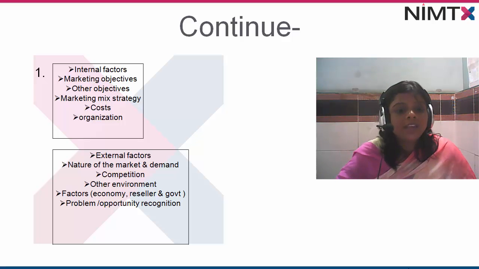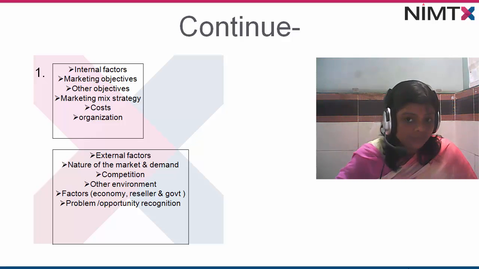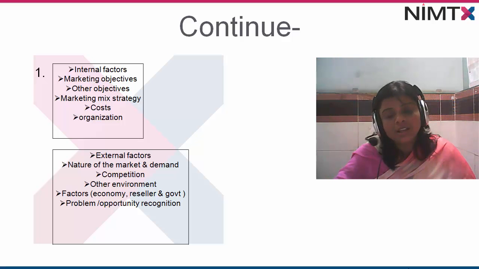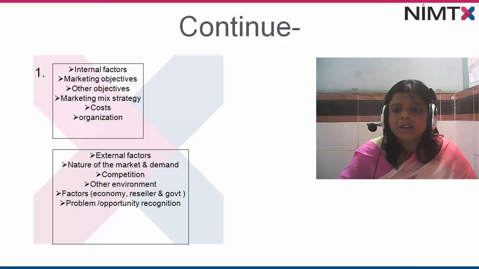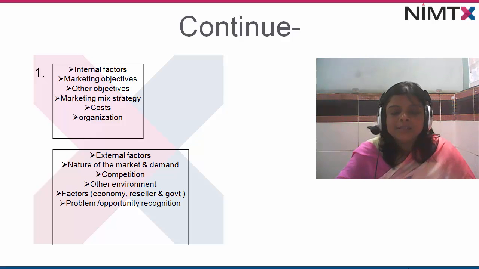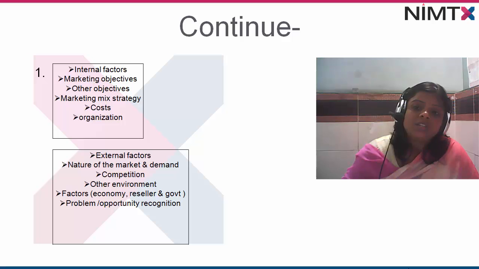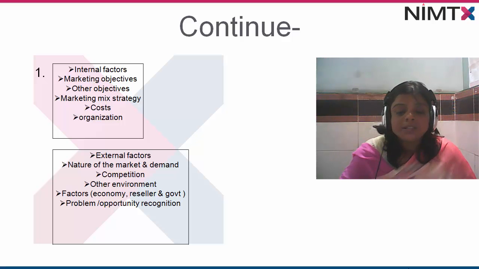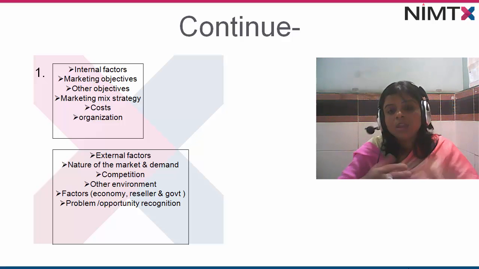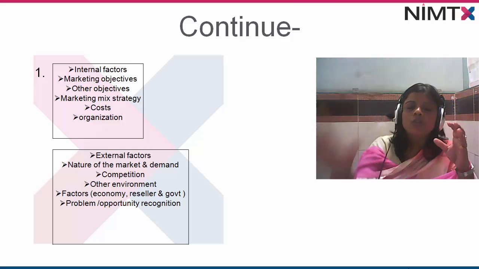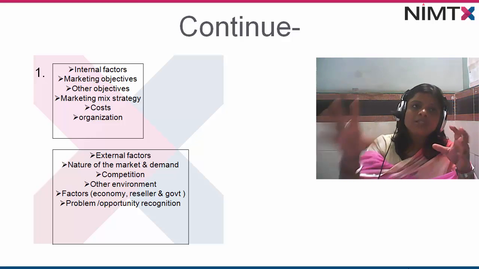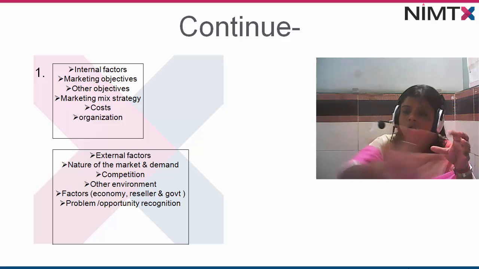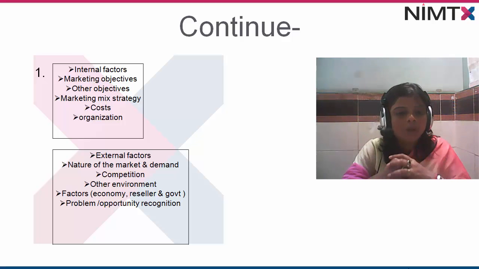Okay, then external nature of the market and demand. According to the nature of the market, either you are releasing your product for the premium class or middle class and lower class. Then what is the global competitive environment? What is the present scenario and how is it going to be, because all the technological effect, the environmental effect, the socio-cultural effect, all will decide the competition in a market.